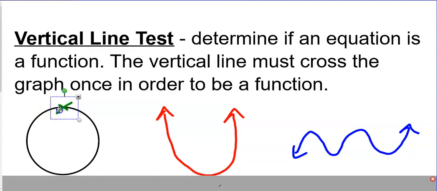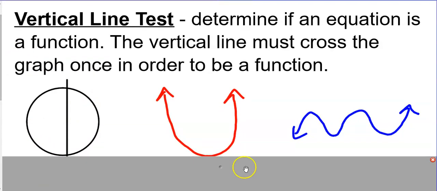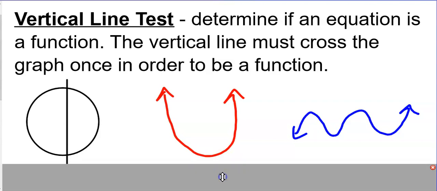Let me get rid of this part here because we don't need that, not yet anyway. So now you've written it down, and if you stopped the video, cool. All right, so I'm going to do it now. We have a vertical line here. A vertical line could be anywhere, as long as it goes up and down, because that means vertical. Here we see that this hits in two places.